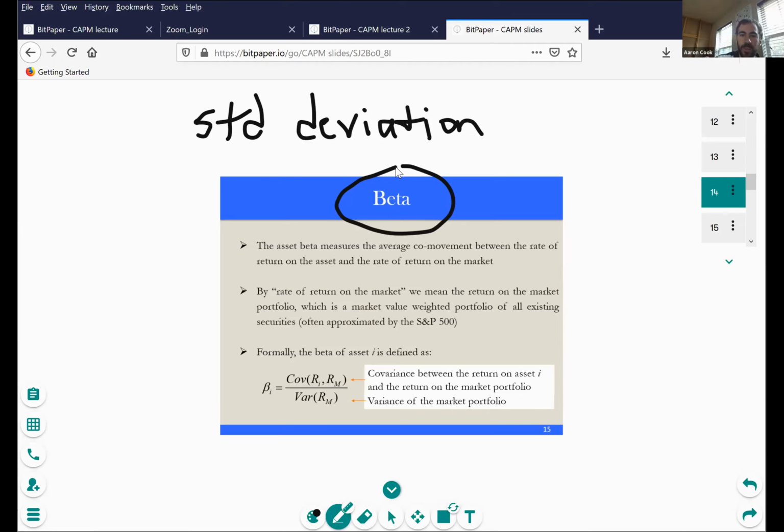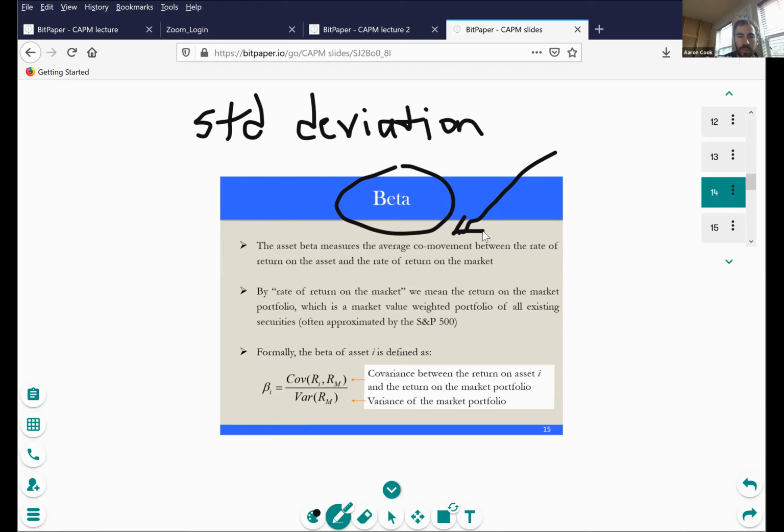As it says here on the slide, it's a measure of the co-movement between the rate of return on the asset and the rate of return on the market as a whole. So rather than measuring standard deviation, we're going to be measuring the variance of the asset relative to a nice diversified market portfolio.